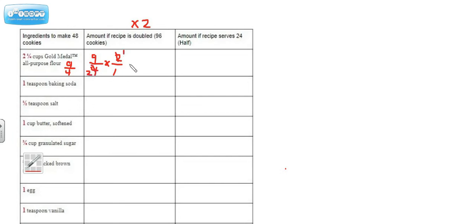So that really equals 9/2. And if we rethink 9/2 as a mixed number and do 9 divided by 2 over here, that's going to go in 4 times. We get the 1 left over. So we're really talking about 4.5 cups of flour.